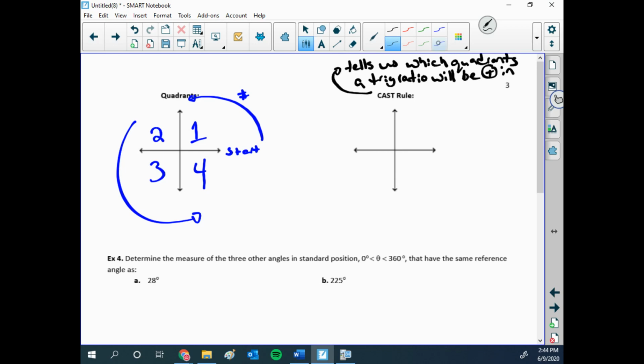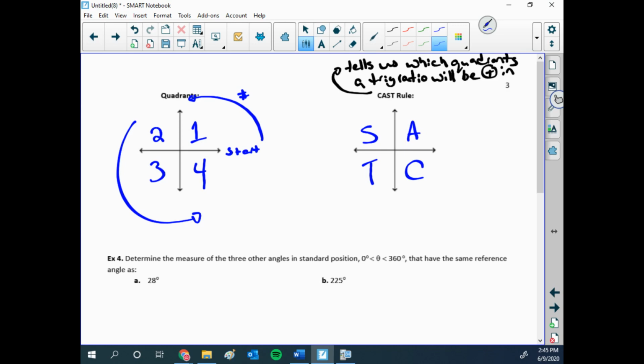So the cast rule looks like this, C-A-S-T. When I'm spelling the cast, it's not starting in the same quadrant as when I number. It starts in the bottom right.